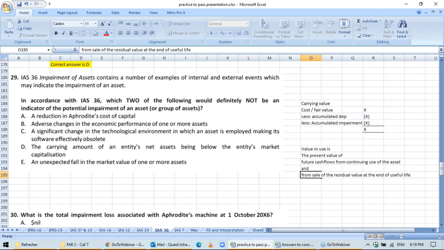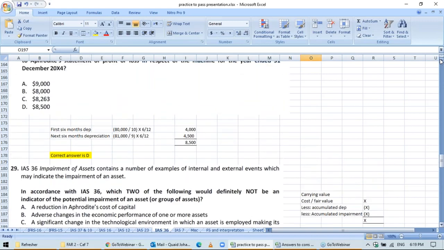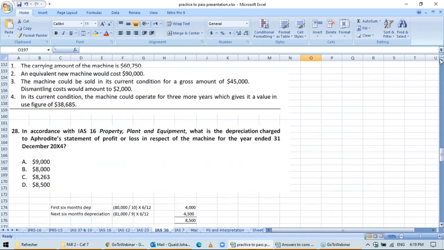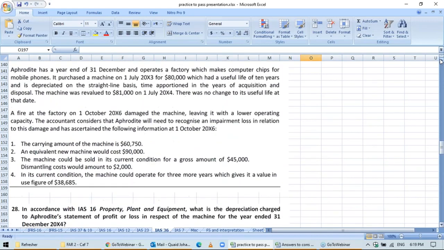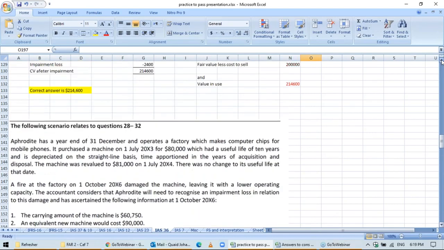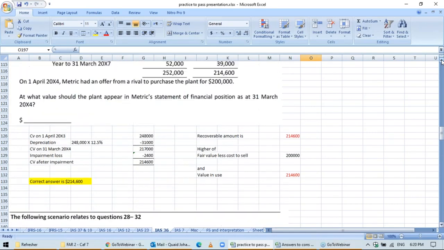Right? So what is value in use? Suppose I have an asset, the life of which is 4 years remaining. Or we can take an example in question number 27, as we did in question number 27. See what they did in 27. They have calculated the present value.